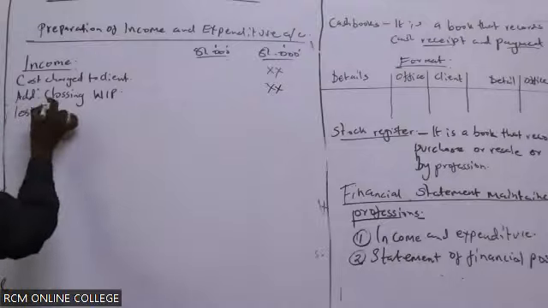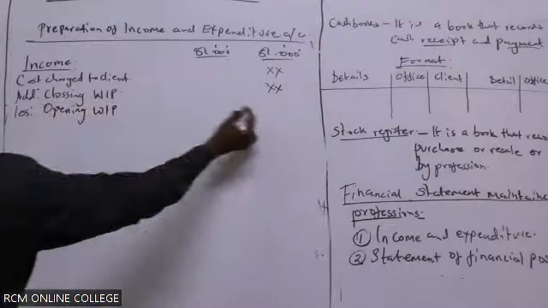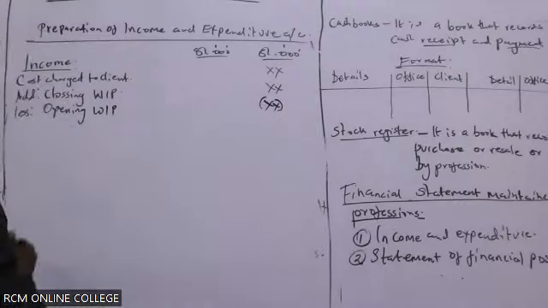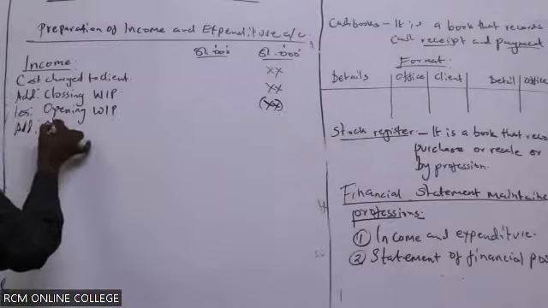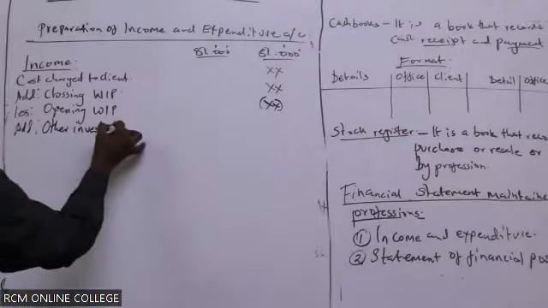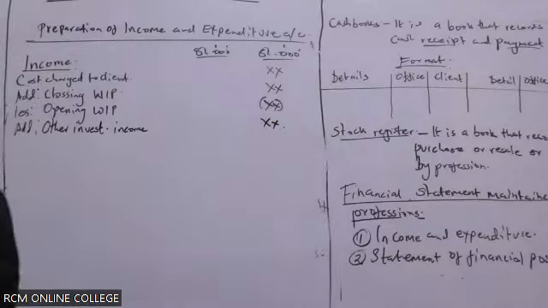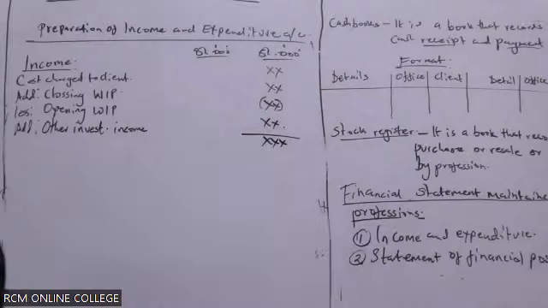After that, you add other investment income. Then whatever you get is a total. Then you go to expenses.